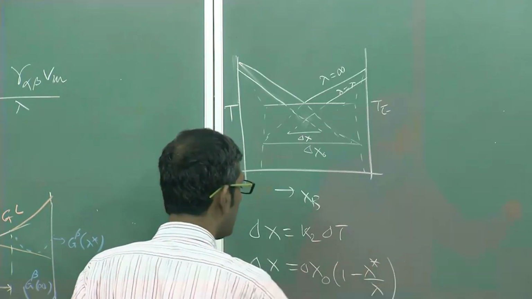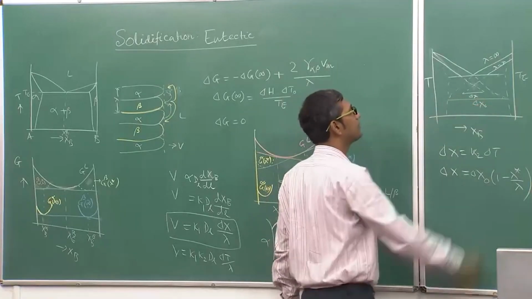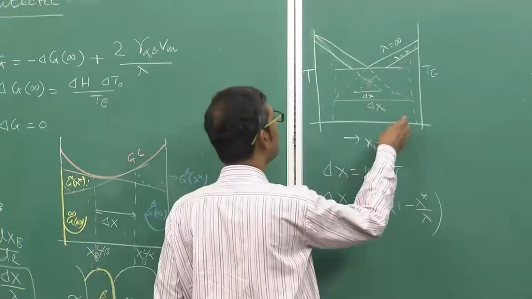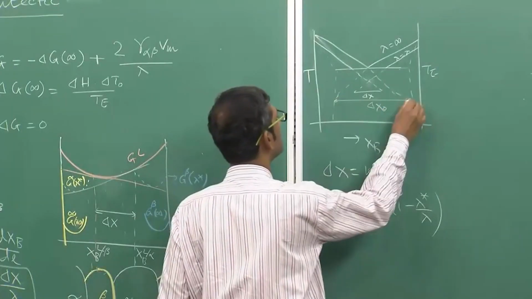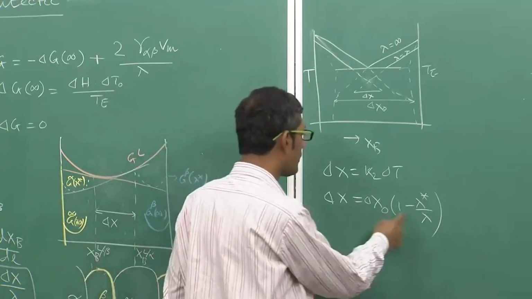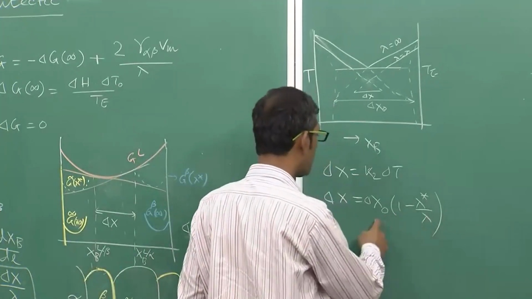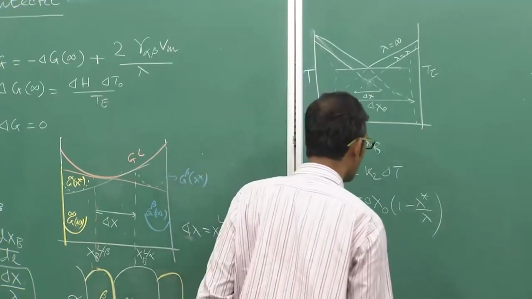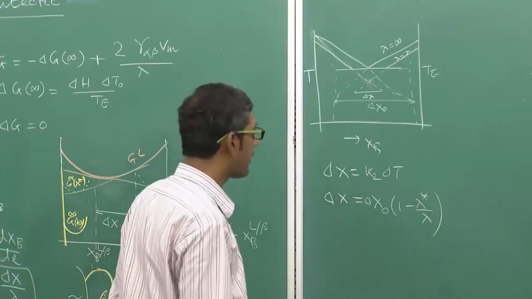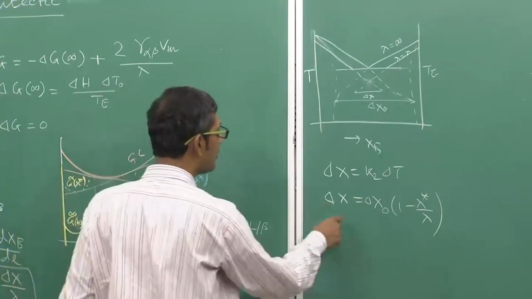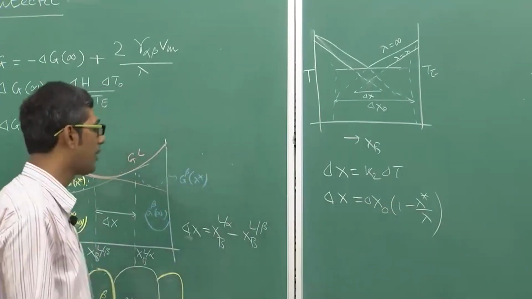Why? Because as you see, when lambda is very large, it is equal to delta x0. When lambda becomes lambda star, then it is equal to zero. Now, when lambda is a finite value, then this value will decrease. Therefore, we can write delta x is equal to delta x0 multiplied by 1 minus lambda star by lambda.